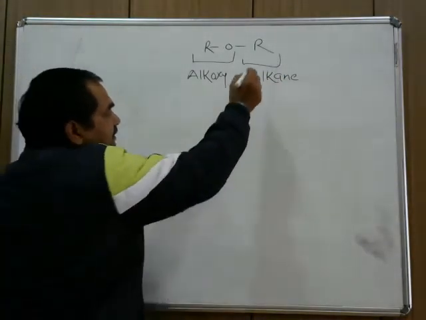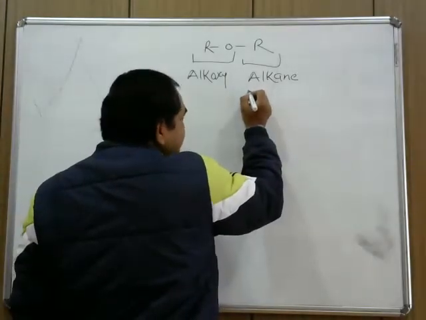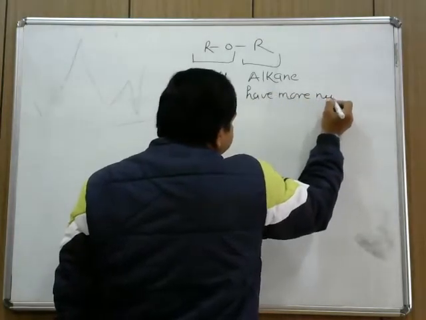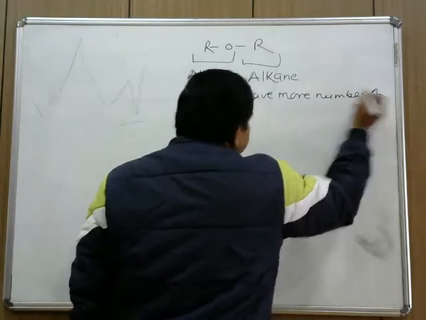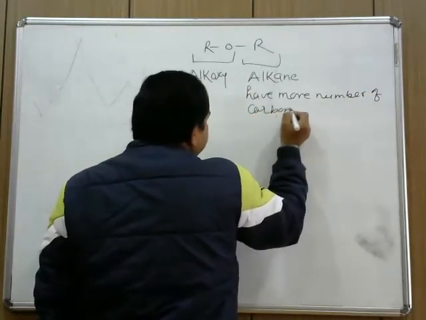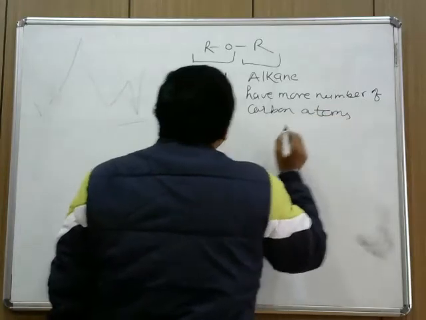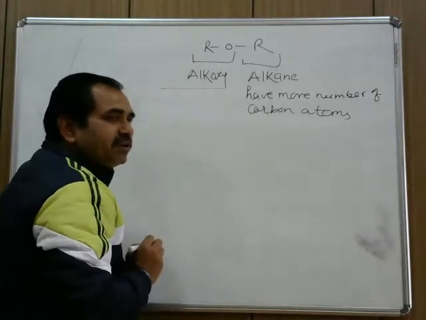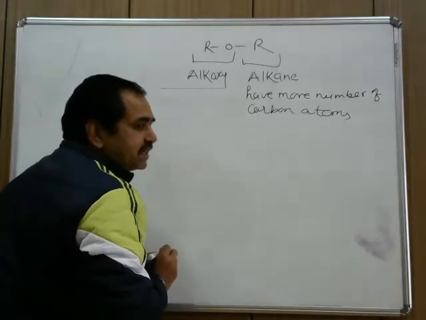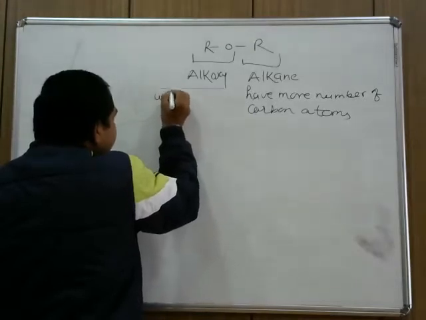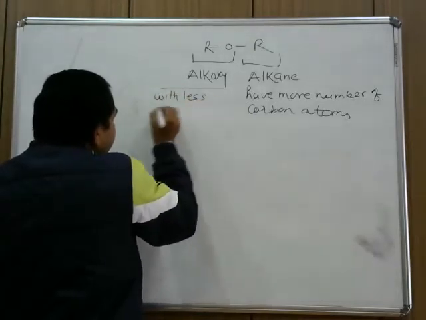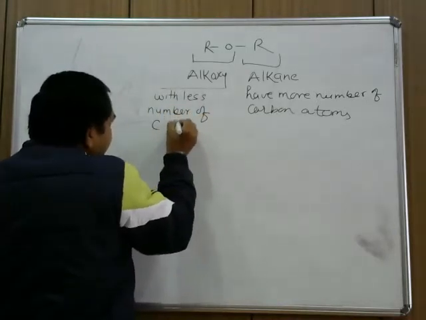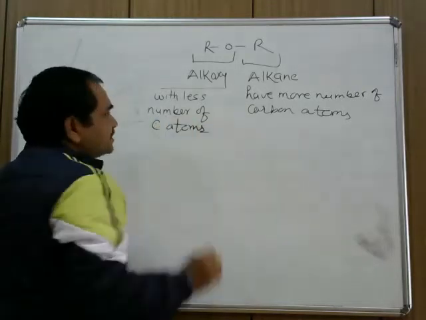The R part with more number of carbon atoms is treated as the alkane, while the group with less number of carbon atoms is treated with the ethereal oxygen and is treated as the alkoxy group.